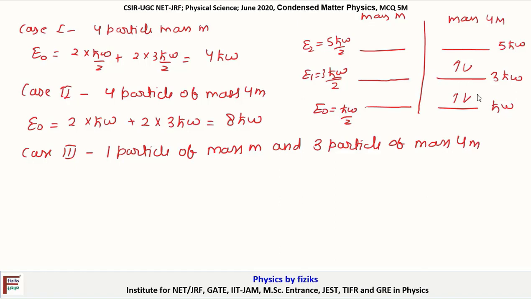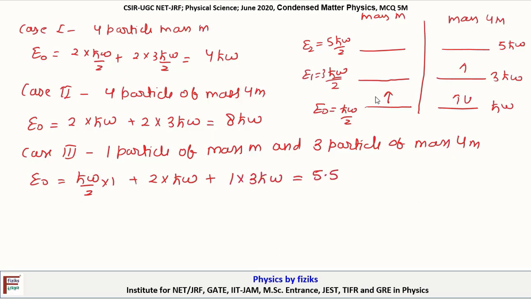The distribution in this case would be: 1 is here, 2 particles would be here, 1 is here. So the energy would be h cross omega by 2 into 1 plus 2 into h cross omega plus 1 into 3 h cross omega. That means the energy would be 5.5 h cross omega.